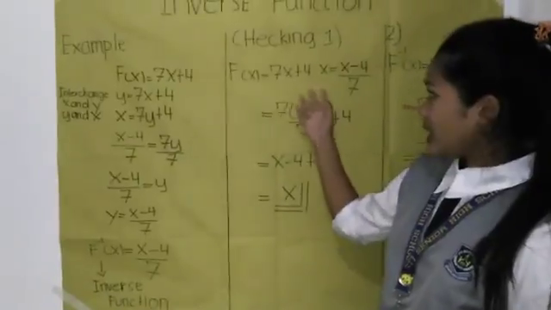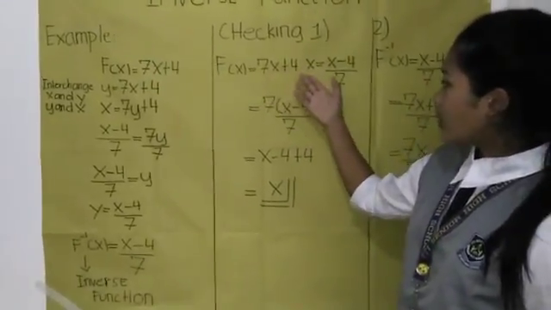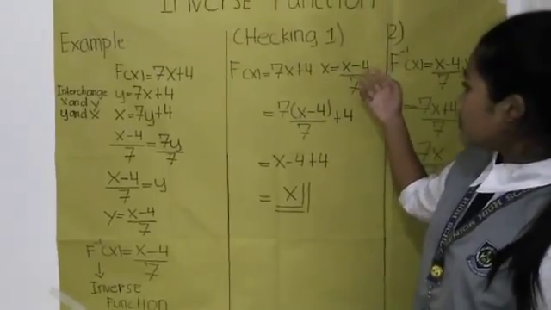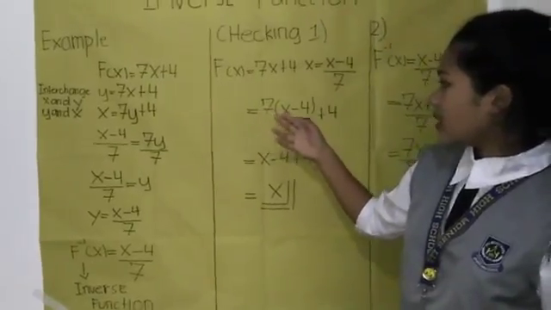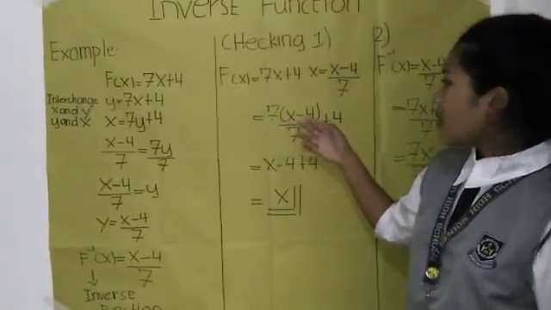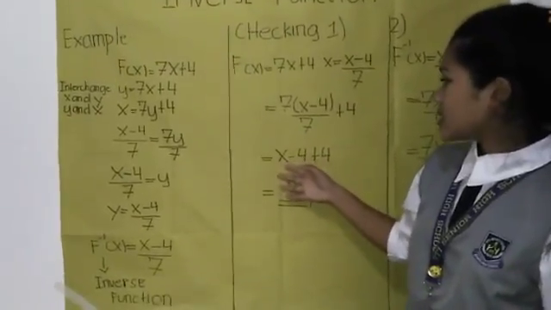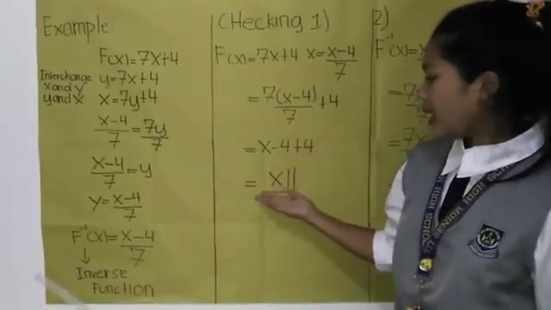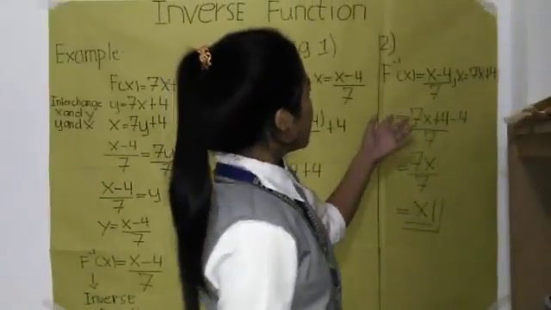So let's do the checking. f of x equals 7x plus 4, and f inverse of x equals x minus 4 over 7, so 7 times x minus 4 over 7 plus 4, and x minus 4 plus 4. So cancel the 4, and this is the inverse. So this is the number 2 checking.